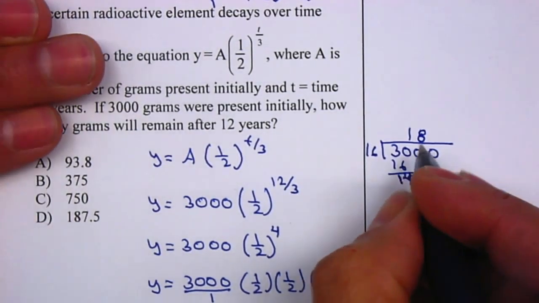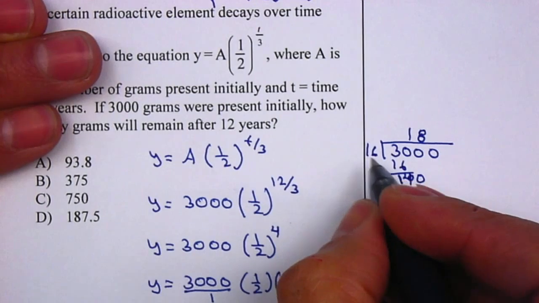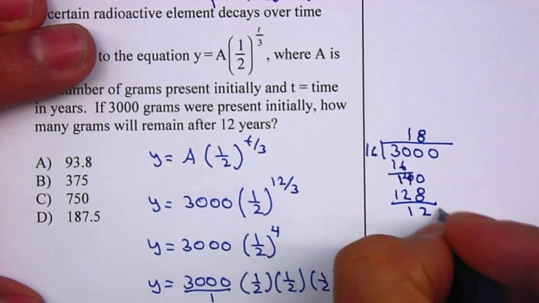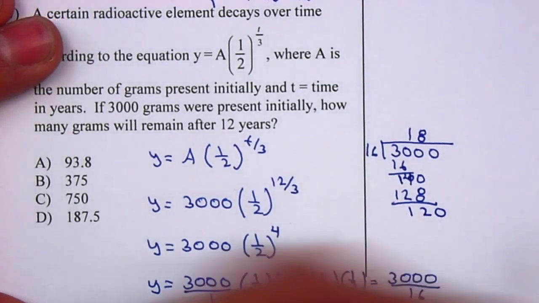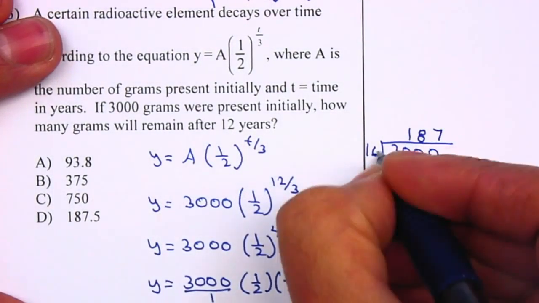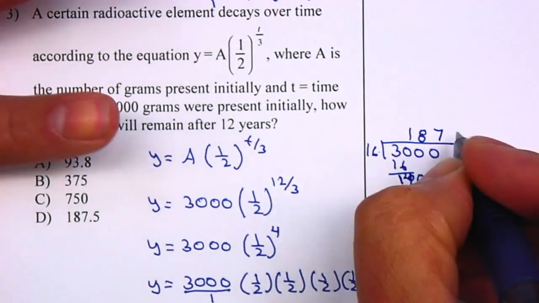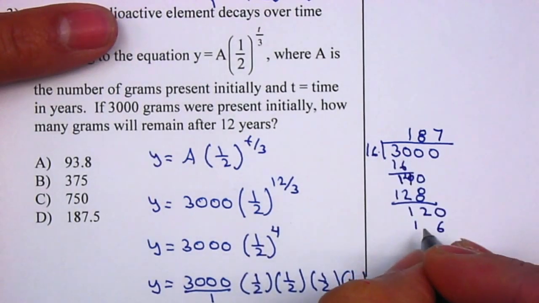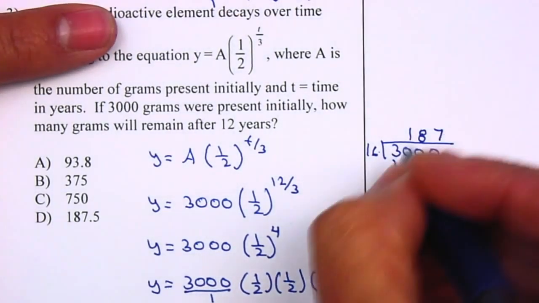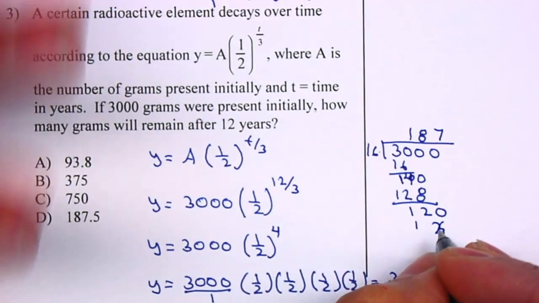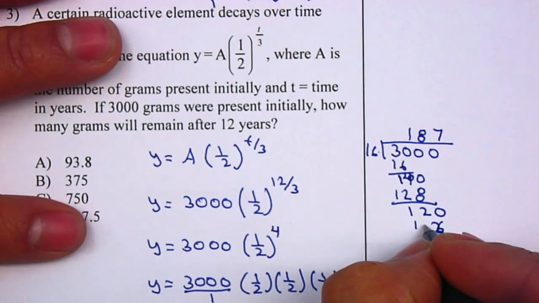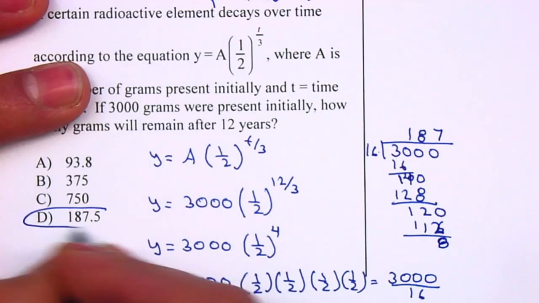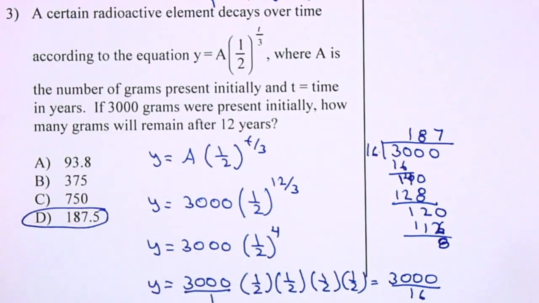Carry 4. 8 and 4 is 12. Subtract will give us 12. Bring down a 0. The next one should be 7. 7 times 6 is 42. Carry 4, and that'll be 11, and that'll be 8. So your answer will be 187.5.